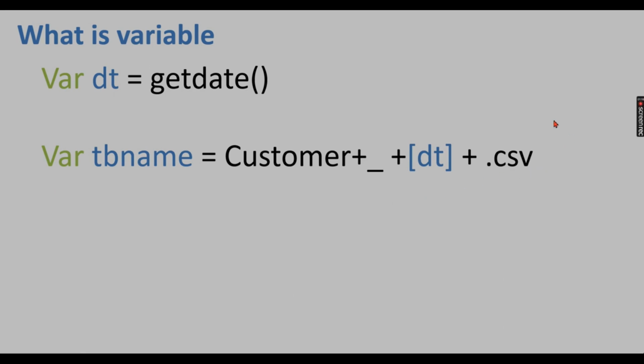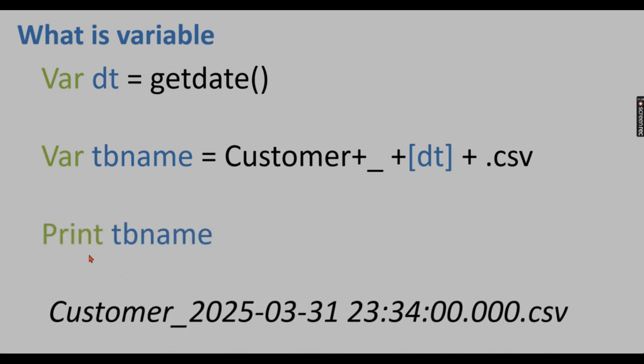That is the whole point I'm trying to make here. So tb name is customer plus this variable plus .csv. This is the whole point, how the value of this tb name will look like. So if you print this variable, then it will look like this. Print is not a recommended command, or you can't print anywhere in Azure Data Factory, I suppose.